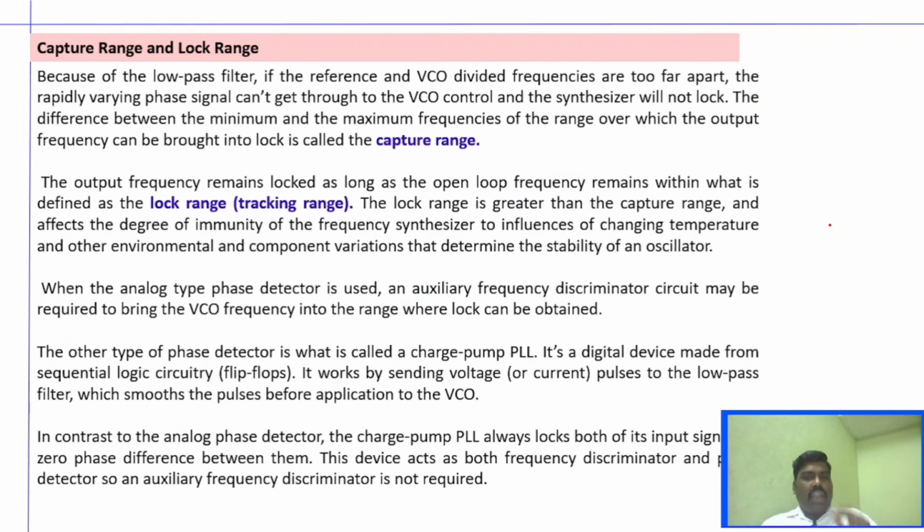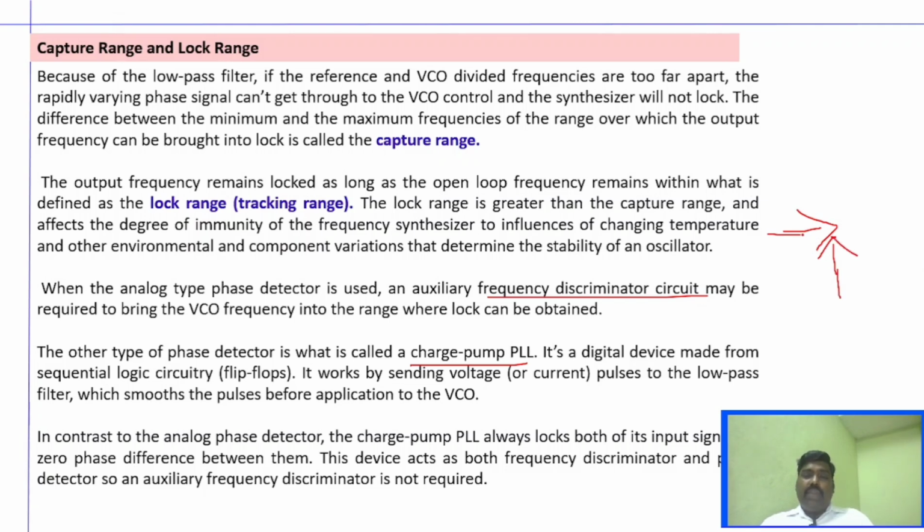And when we use an analog multiplier, we definitely need a frequency discriminator circuit, because in order to bring the VCO frequency into the lock range, we need a frequency discriminator. Whereas I have said that we can also use a digital version of the phase detector, called the charge pump PLL, which is a digital device where we don't need the frequency discriminator, because it works based upon sending voltages, that is, the reference signal and the feedback signal.